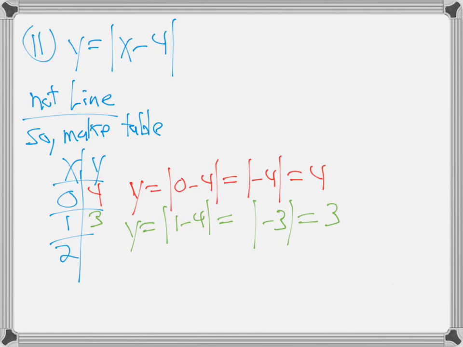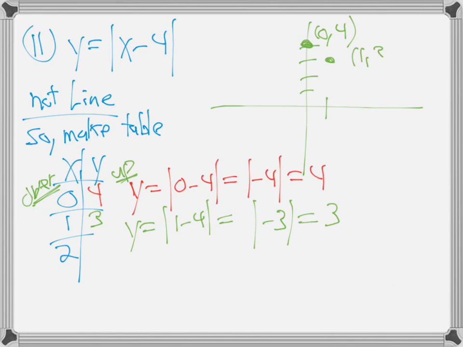Is that good? So let me put those points: over 0, up 4. Remember, the first number is over, the second is up. Over 0 up 4, and then over 1 up 3.